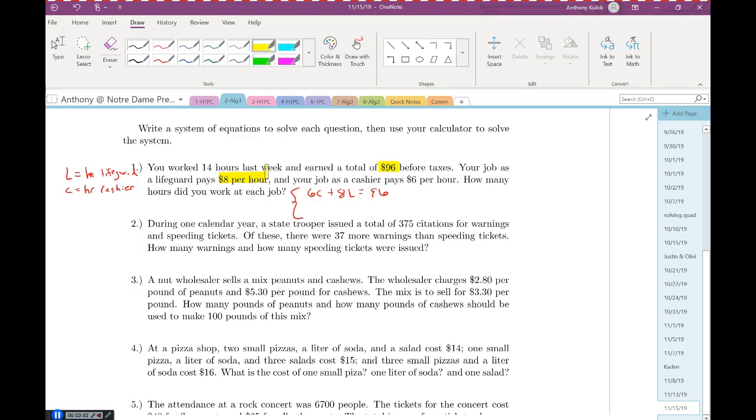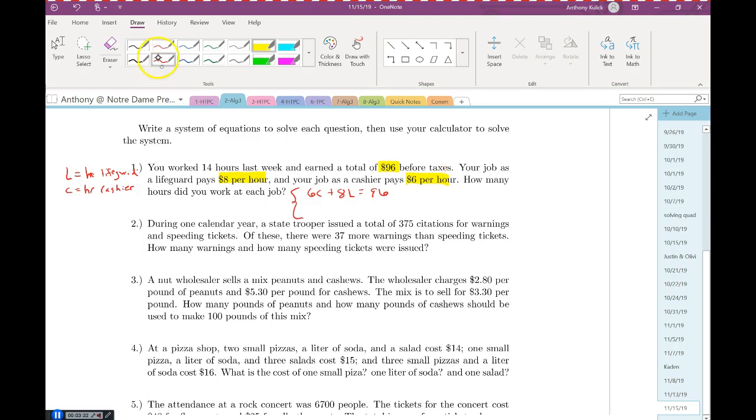Similarly, if I make $6 per hour as a cashier, 6C or $6 per hour times the number of hours is going to give me the amount of money I made cashiering. If I add up the income from each of those 2 jobs, I should get the total income. Does that make sense to everyone?